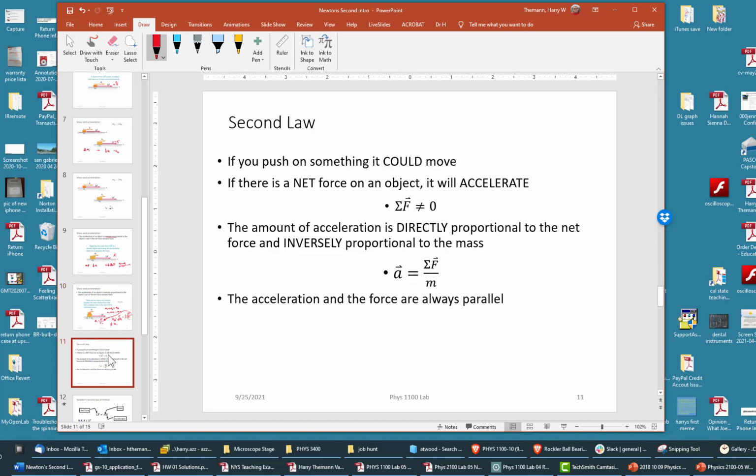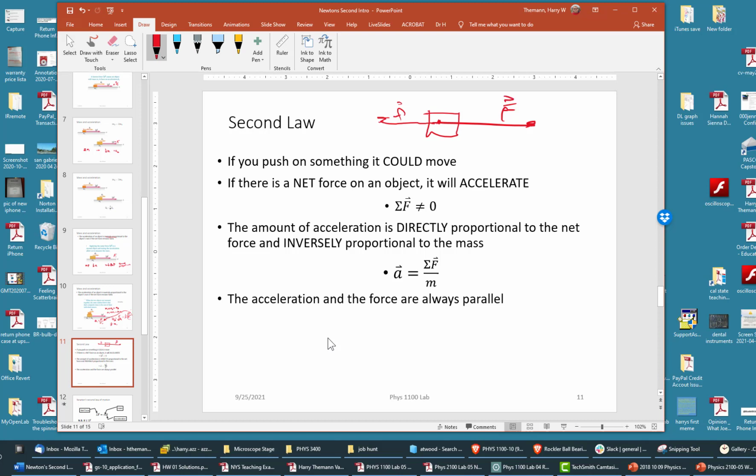So at the end of the day, we say this is called Newton's second law. If you push on something, it could move as long as you're pushing greater than the push or pull. It doesn't matter if you're pushing from left to right. You draw the diagram over here.